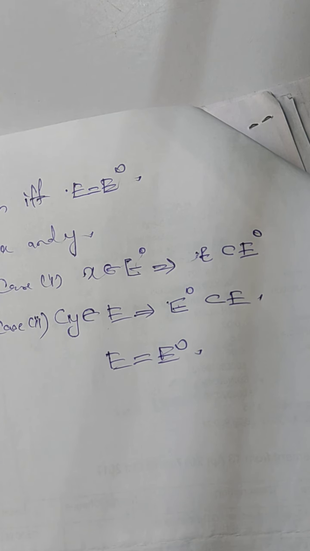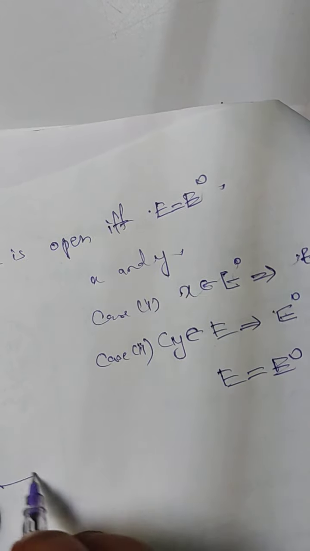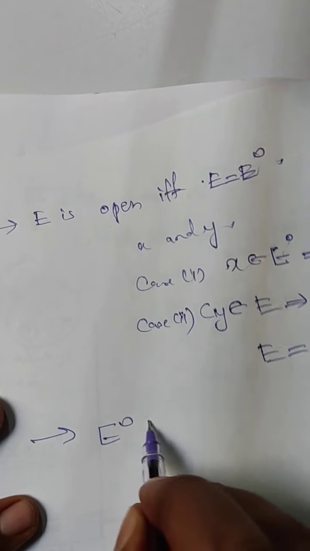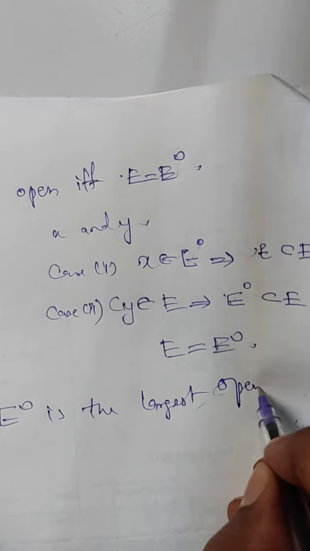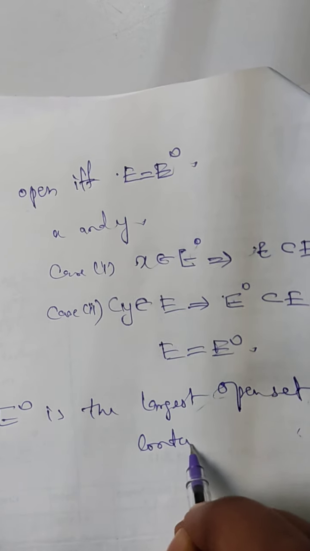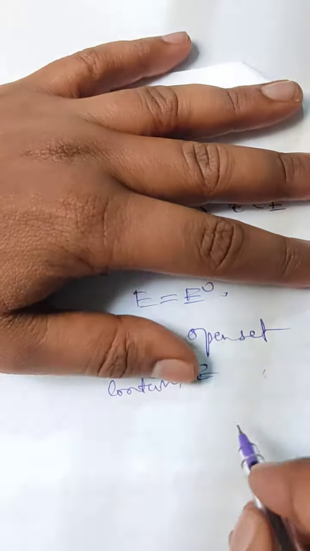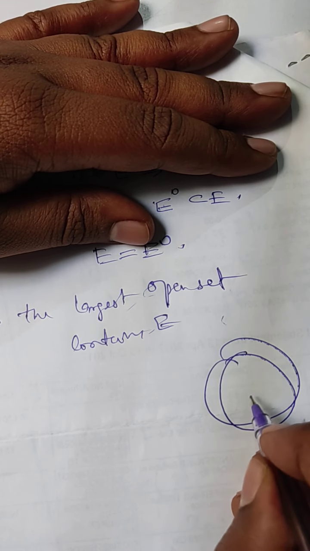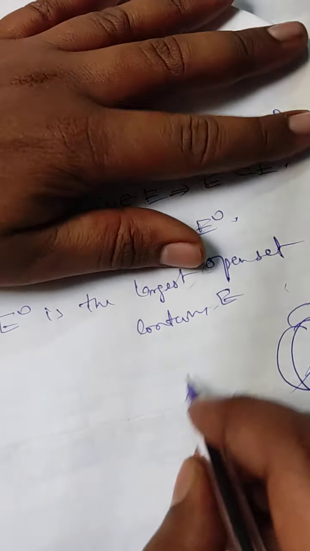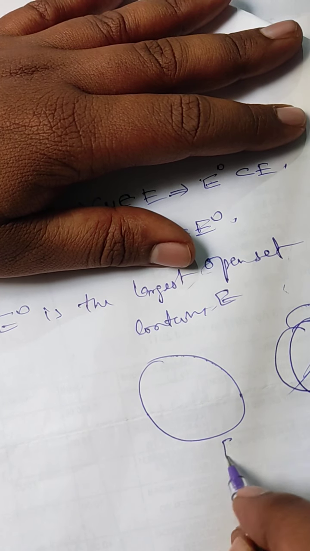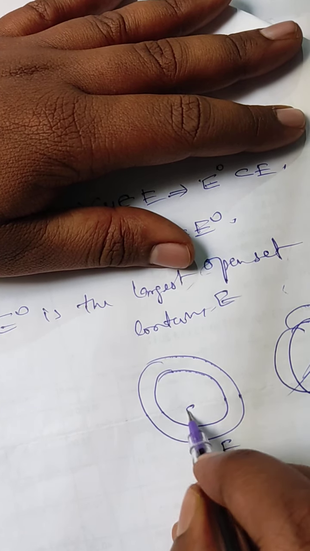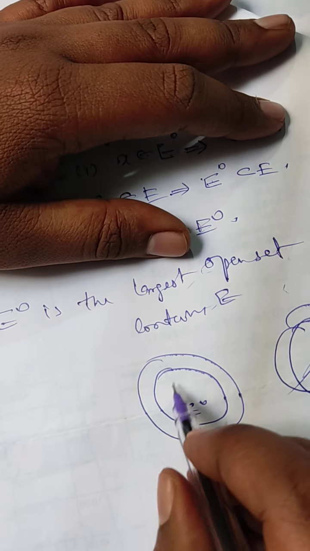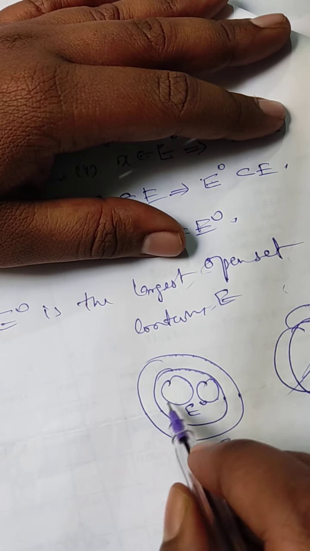So the next theorem is that E interior is the largest open set contained in E. This is E. This one is E interior. There could be many neighborhoods inside it.